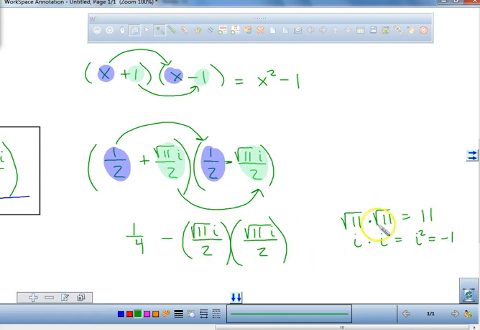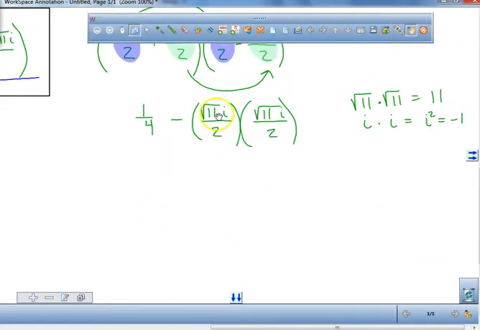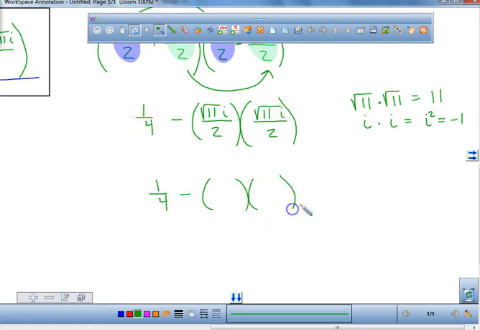So right now, what's 11 times negative 1?